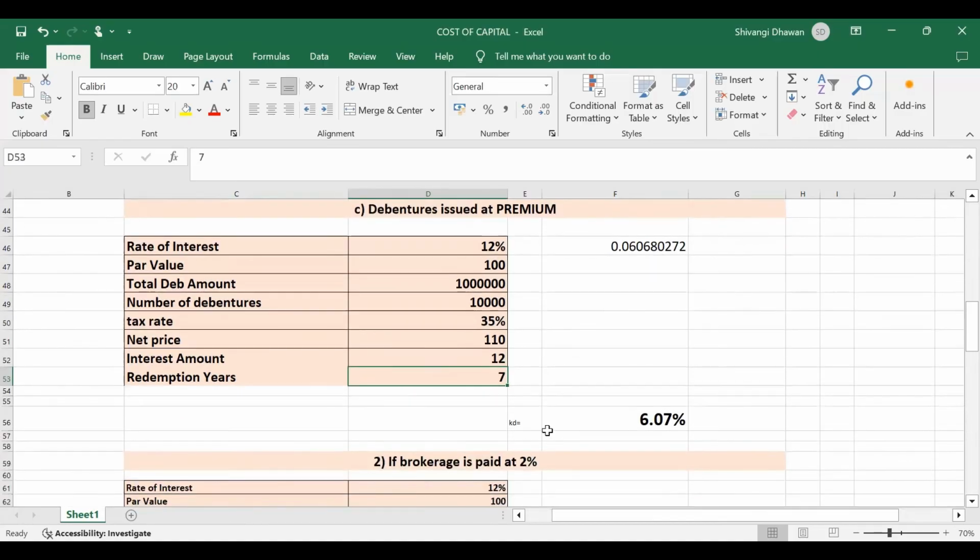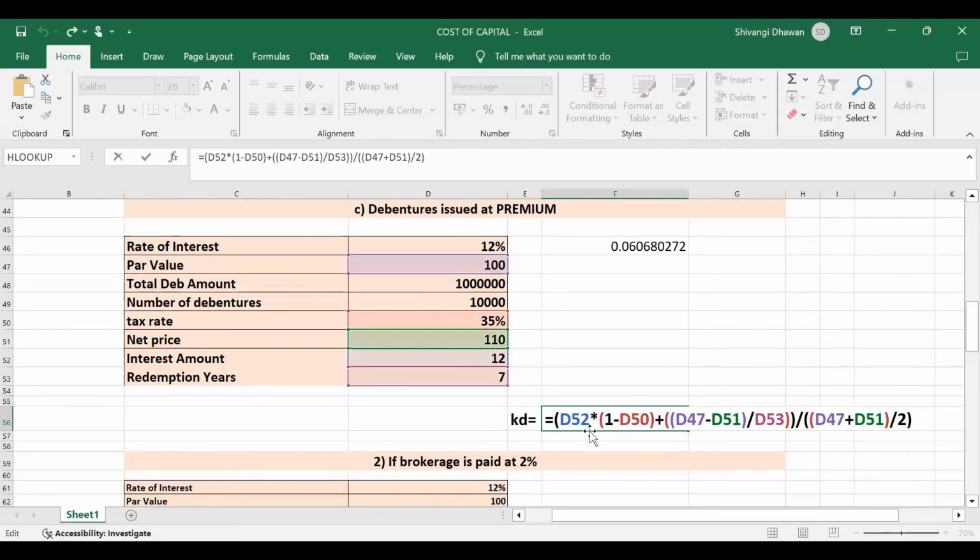Instead of writing these, we can take them as cell references. So here you can calculate your cost of debt with the formula given, that is D52, that is your 12, into 1 minus tax rate, plus your redemption value minus your net proceeds divided by your N, that is 7.